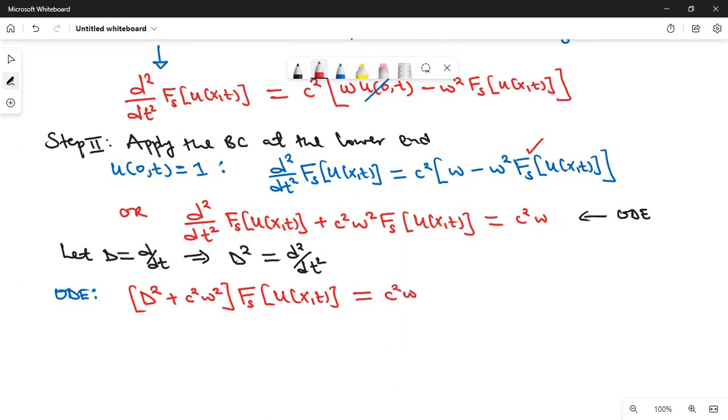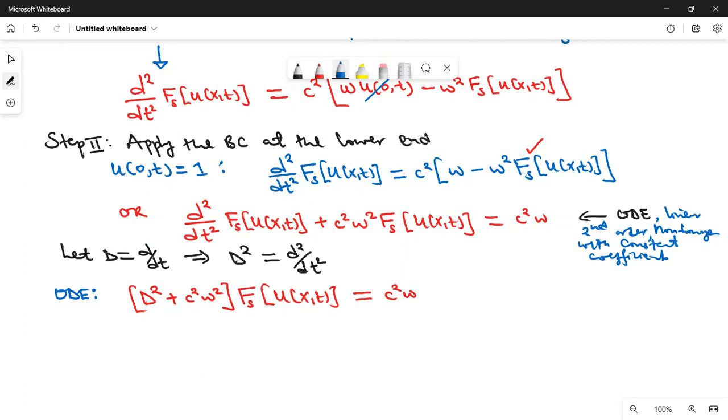This equation is a second order ODE, non-homogeneous, with constant coefficients. It is also linear: a linear second order ODE, non-homogeneous with constant coefficients.